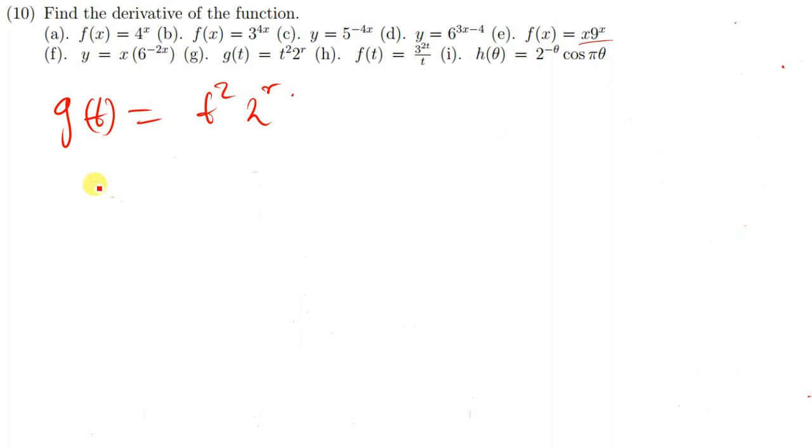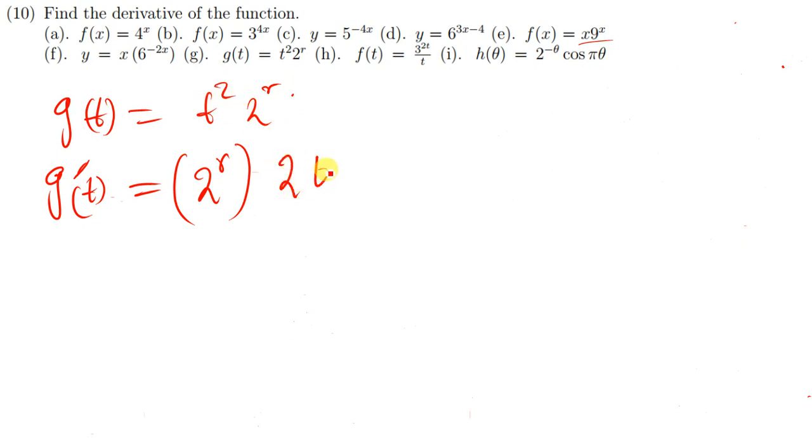So differentiating this function with respect to t, you just have to say g prime of t is equal to, when you differentiate this with respect to t, 2r is a constant, so it has to remain like that. Then differentiating t to the power 2, you're going to get 2t as your derivative, because you say 2 times the coefficient of t here is 1, it will give you 2, and then t, you have 2 minus 1 there, which will give you t to the power 1.